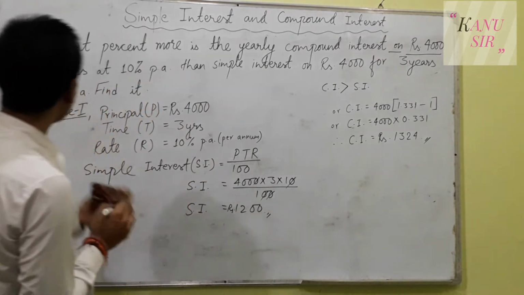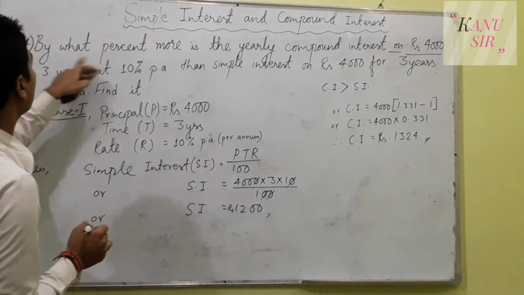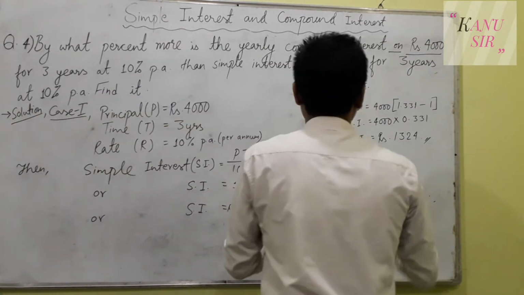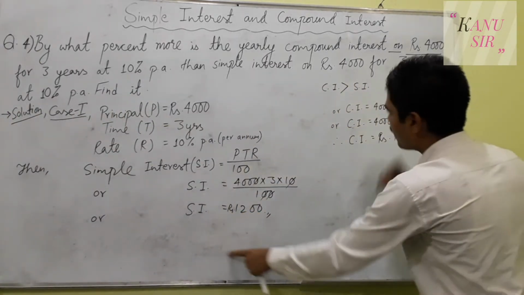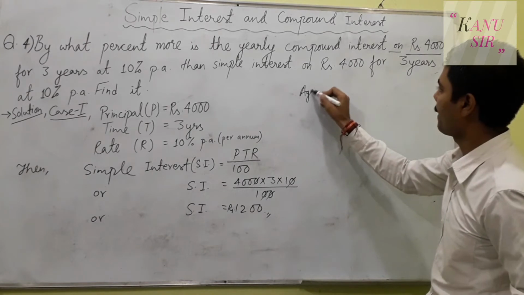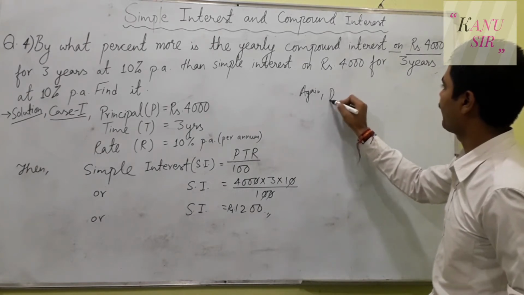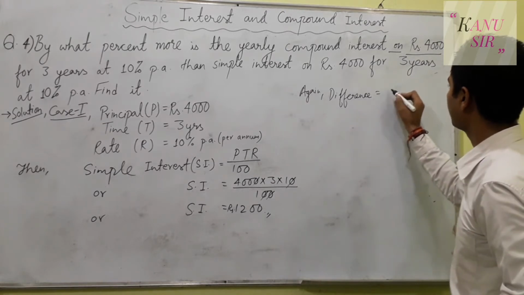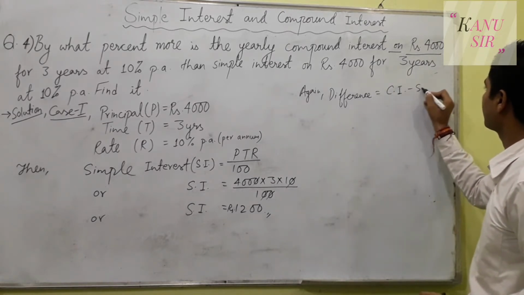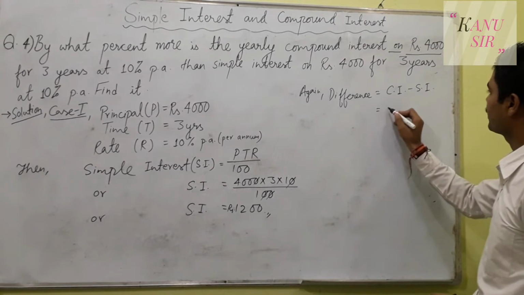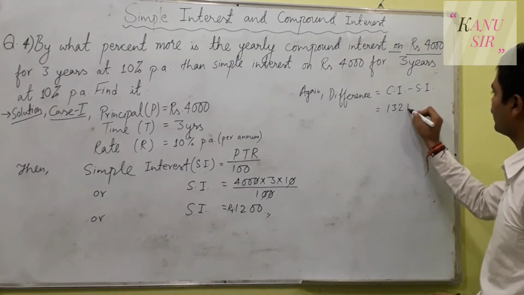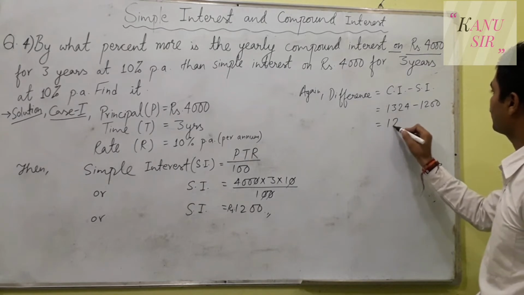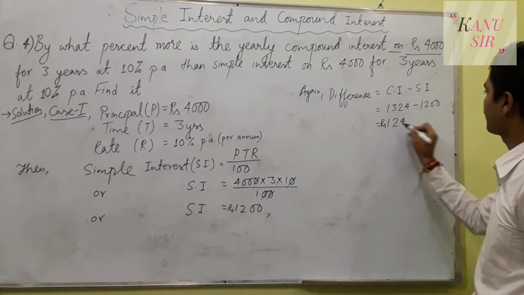Now the question has asked to find by what percentage more, so we have to find the difference in percentage. The difference is compound interest minus simple interest, that is 1324 minus 1200, it will come to 124 rupees.